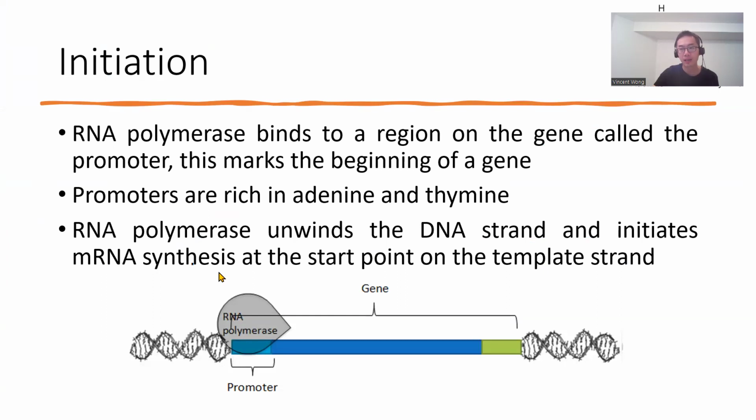And the kind of RNA that we are making is called mRNA. The M stands for messenger. Messenger RNA. Remember, there are three types of RNA, right? There's messenger RNA, transfer RNA, as well as ribosomal RNA. So the one we're making right now is messenger RNA.